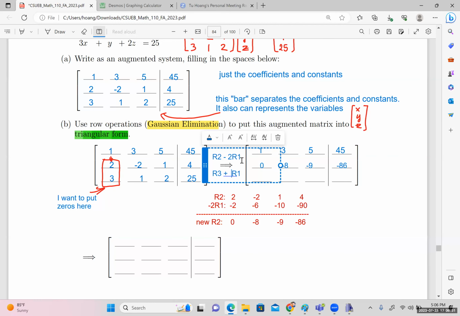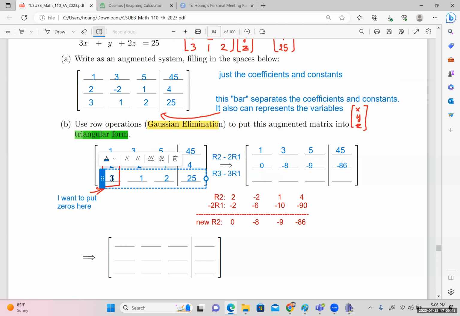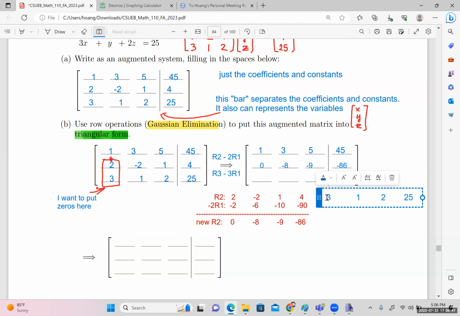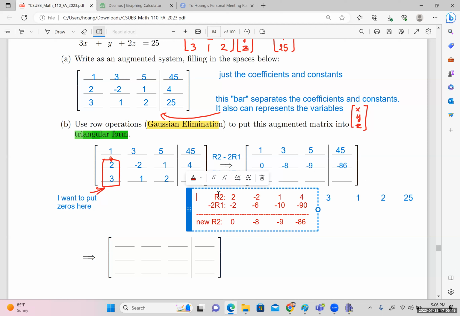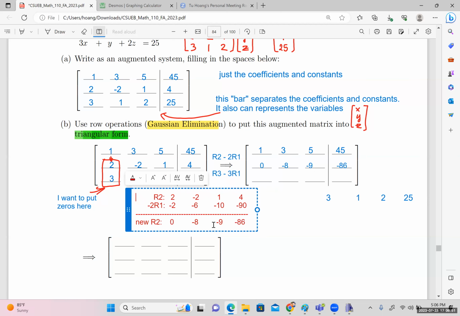What is that? It should be -3, so -3 times row 1. Okay, let's put down. Let me move this a little bit over here.